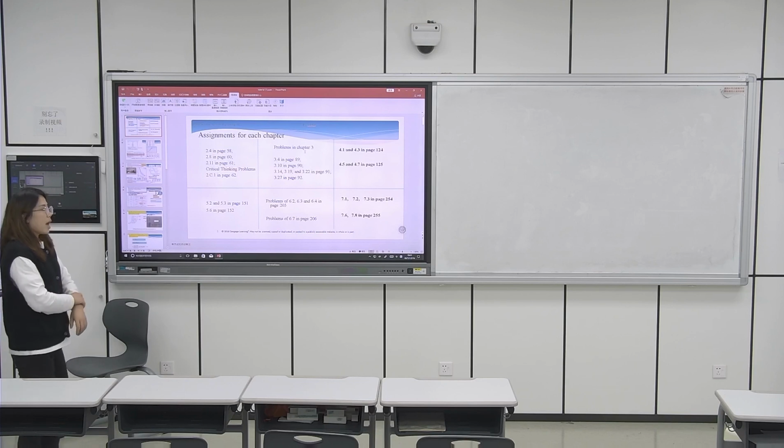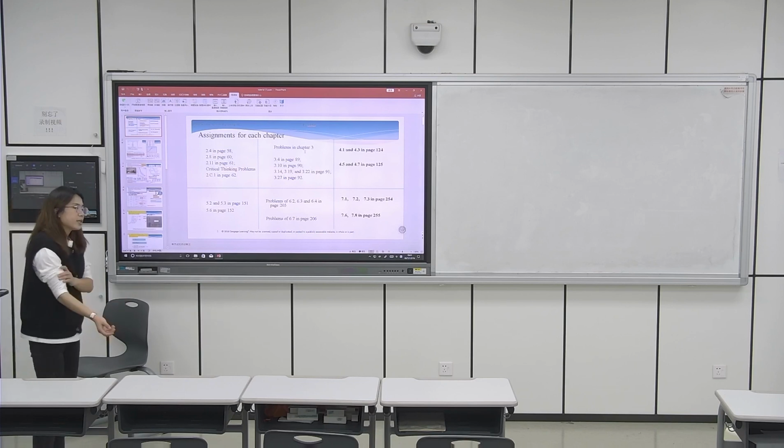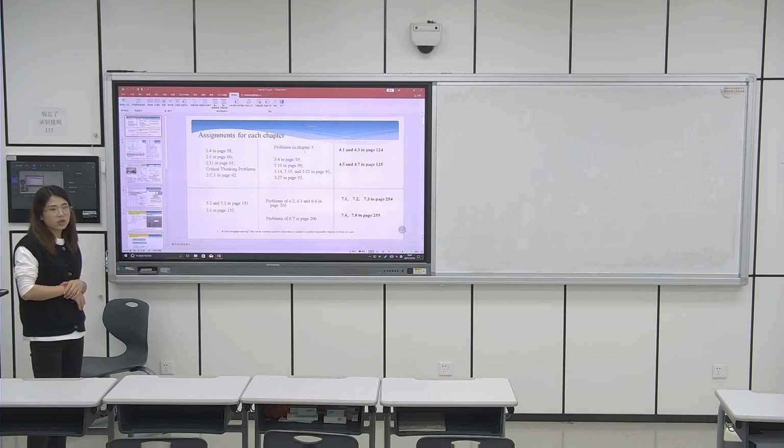So if we know these two parameters, then based on them, we can judge if a soil is a well-graded soil or a poorly graded soil, right?